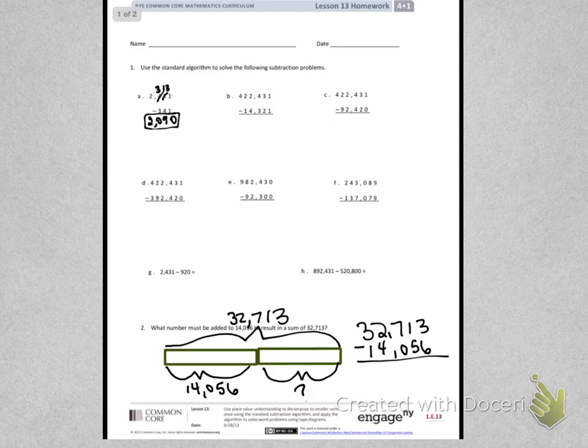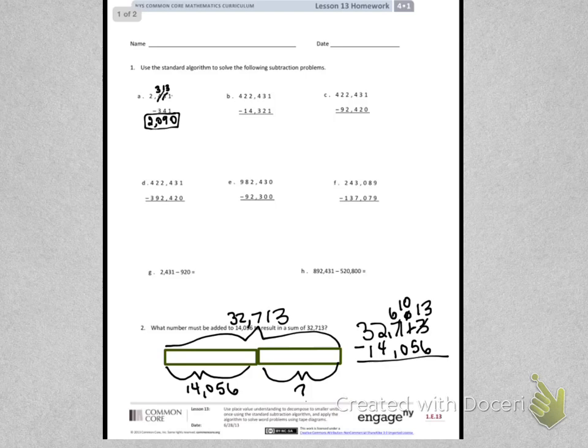I'm going to start at the ones, and I realize I cannot take 6 away from 13. So I'm going to borrow a 10, and I'm going to bring it over to the ones area, creating a 13. When I go to the tens, I cannot take 5 away from 0, so I'm going to borrow from the 7, making it a 6, and making this one be a 10.